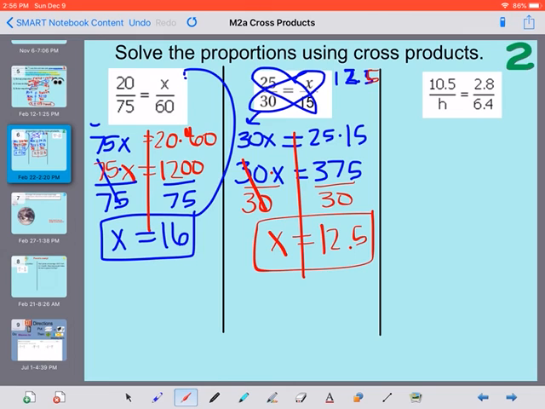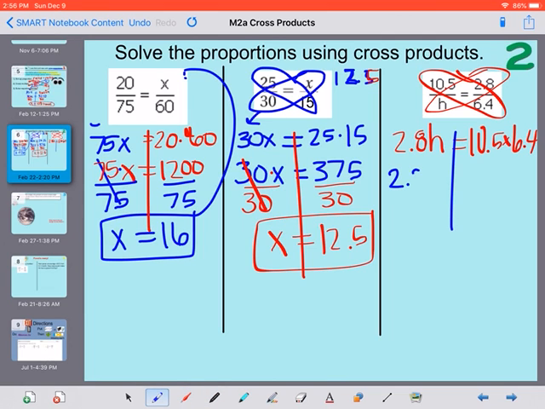Like this one, we can't guess how to get from 2.8 to 10.5, so we need to cross multiply. So one cross equal to the other cross. We have 2.8 multiplied by h equal to 10.5 multiplied by 6.4.